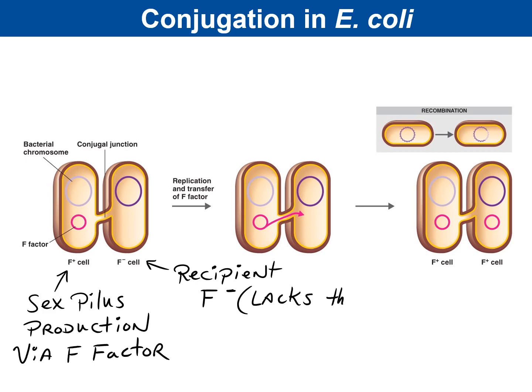But after conjugation occurs, where genes are transferred over from donor to recipient, you can end up with the F minus cell being transformed into an F positive cell. So this is one result of how conjugation can change a recipient cell so that it evolves, so that it becomes capable of something that it was not capable of previously.